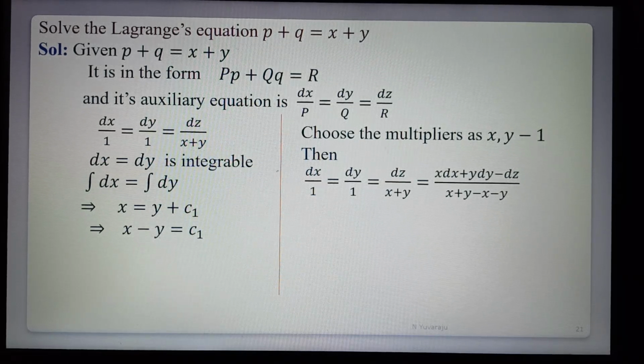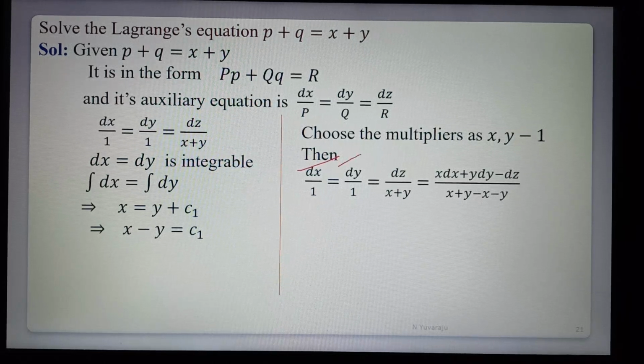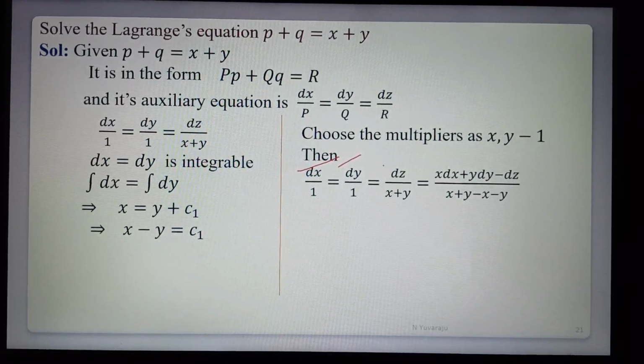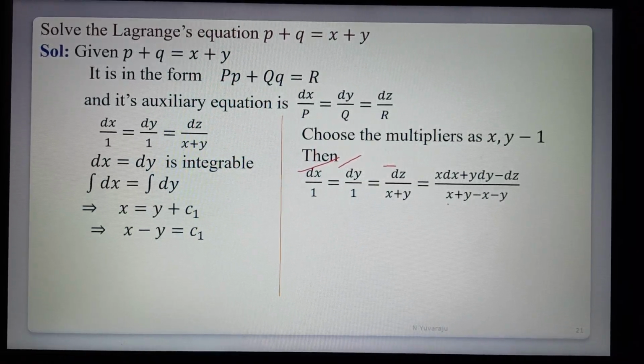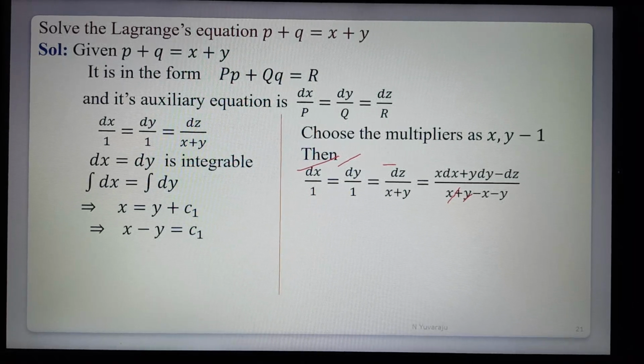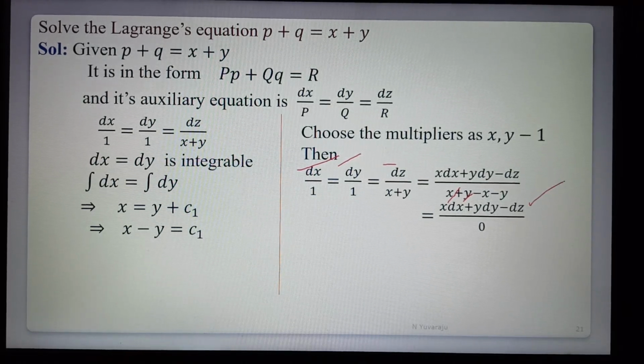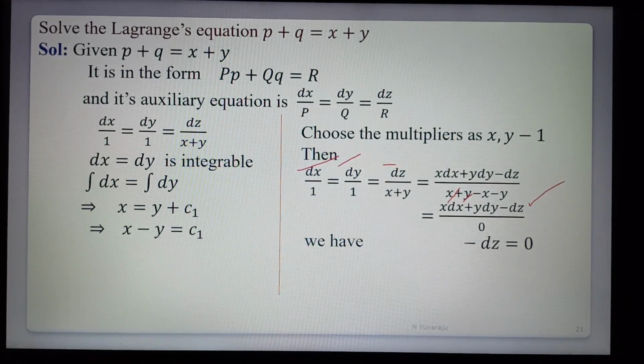Then the first multiplier multiplies dx, x dx; the second multiplies y dy; the third multiplies minus 1, minus dz. Adding all, we get x dx plus y dy minus dz by x plus y minus x minus y. Observing here, in the denominator x and y cancel, so the denominator is 0, so x dx plus y dy minus dz is equal to 0, then automatically the numerator is also 0.